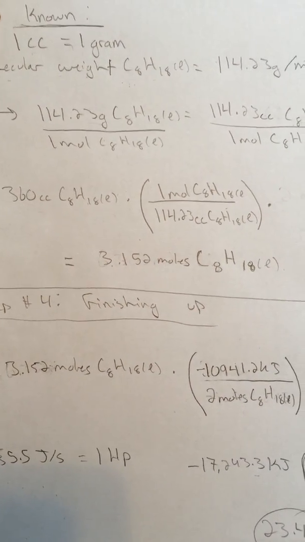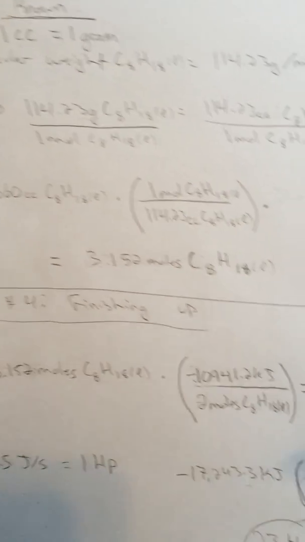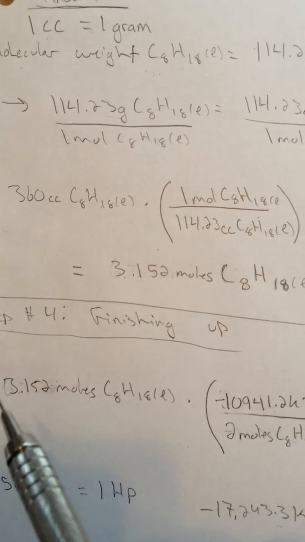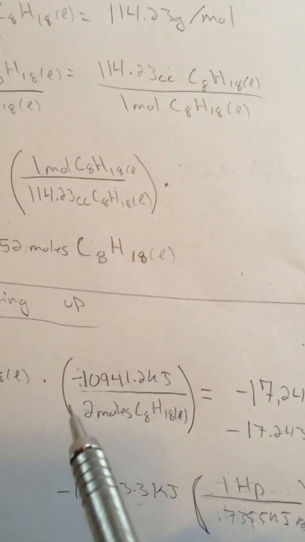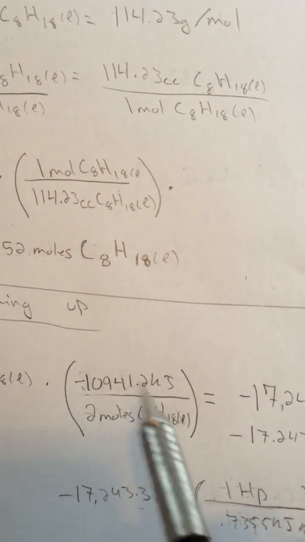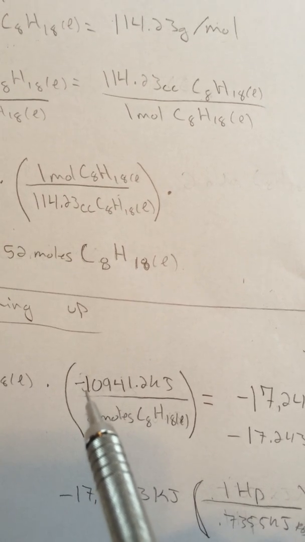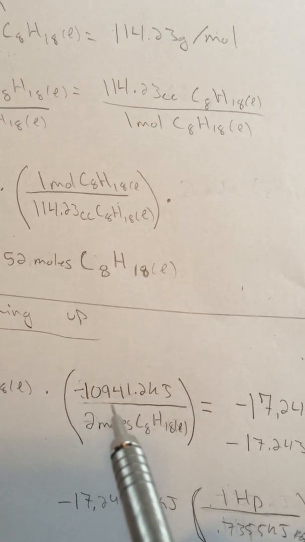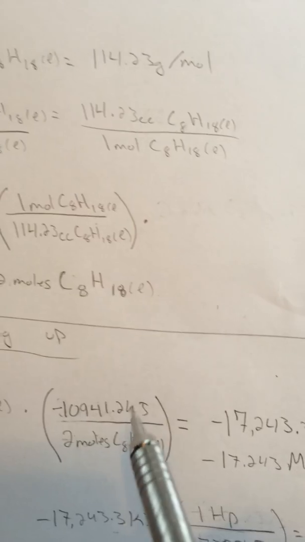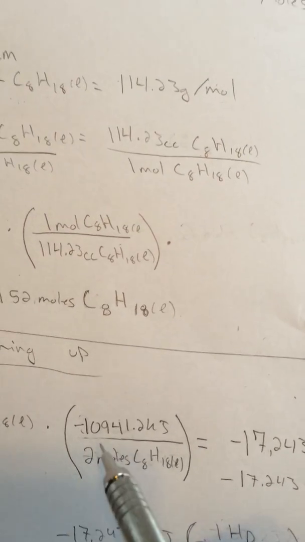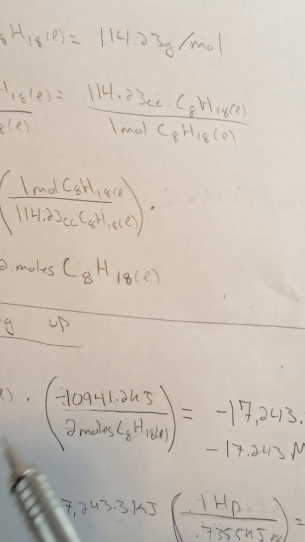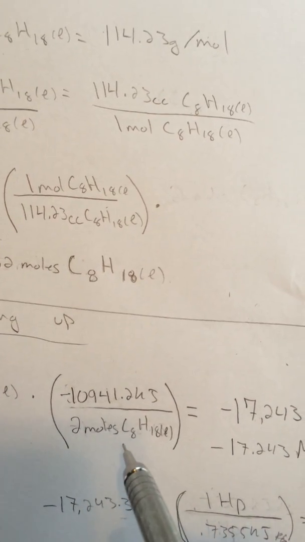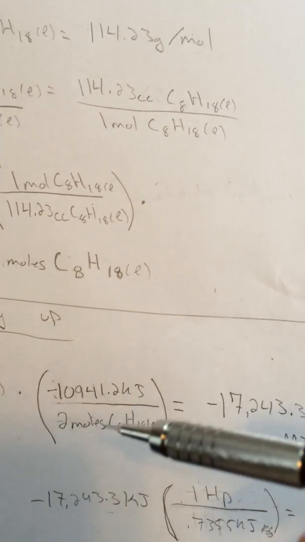And we can do that because we have our identity here from earlier. So we have 3.152 moles of octane, and we're going to multiply that by what we figured out earlier, and that is that negative 10.9412 megajoules, or 10,941 kilojoules of energy, is equal to 2 moles of octane.